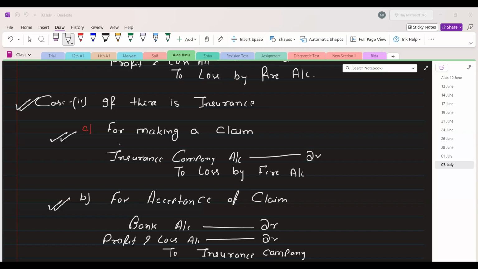For making a claim, claim making means not paying or receiving. Making a claim means acknowledging, like informing the insurance company that you have suffered a loss and you want them to pay you money. So this is just for information. That is making a claim. Okay, okay.